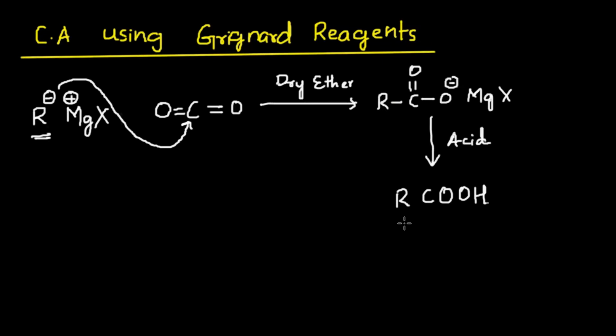than the starting organometallic. So from alkyl halides to carboxylic acid, there are going to be 3 steps. First is the formation of organometallic.